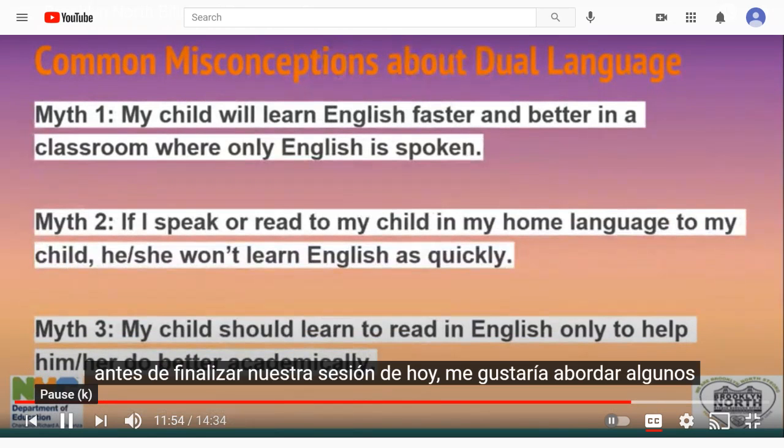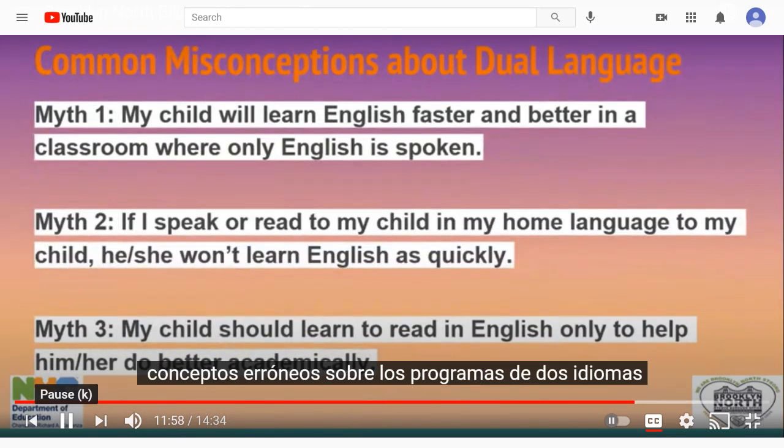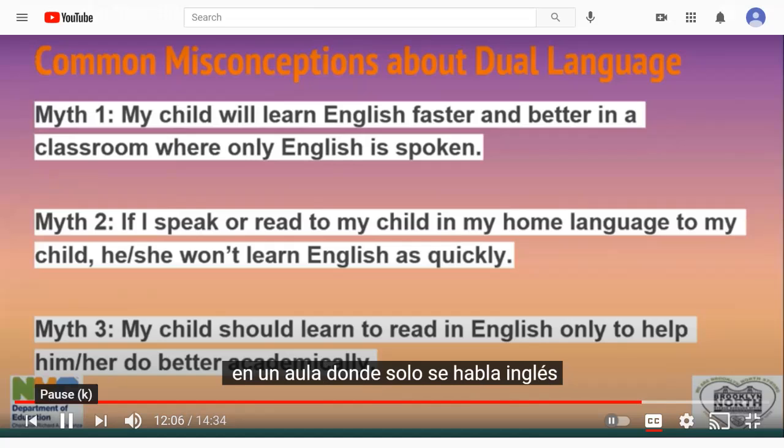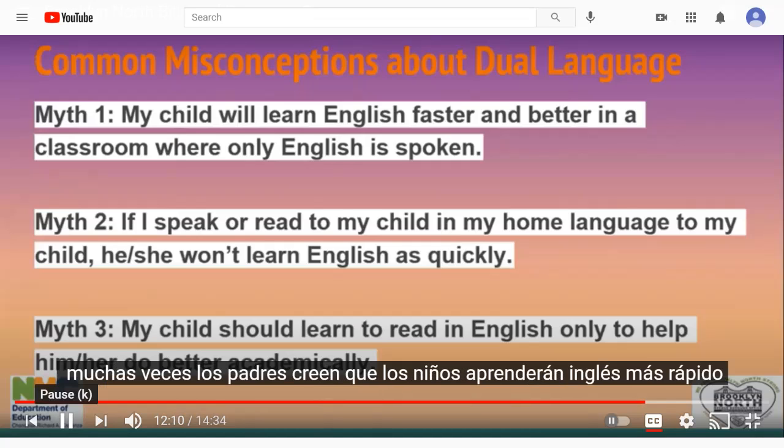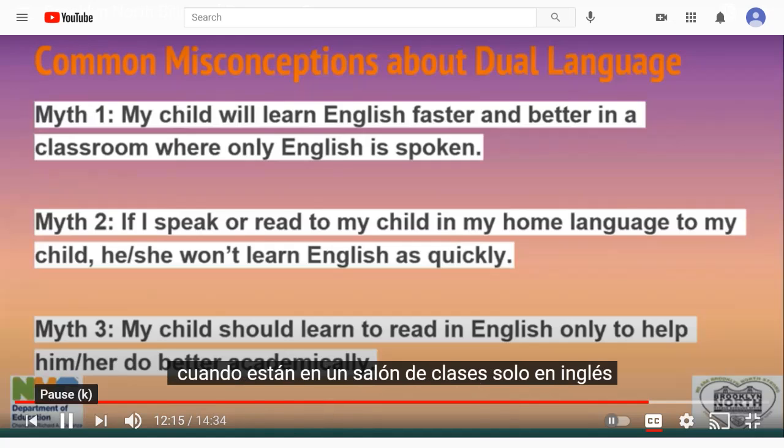Before we end our session today, I would like to address some common misconceptions about dual language programs. Myth number 1, my child will learn English faster and better in a classroom where only English is spoken. Many times, parents believe that children will learn English faster when they are in an English-only classroom.